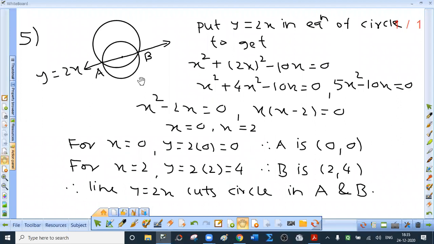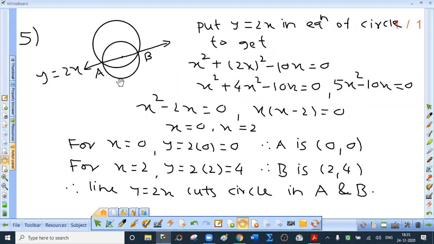Now how do we get the coordinates of the points of intersection? By solving the two equations. So put y equal to 2x in the equation of the circle and solve that. The topic is circle, but what is important is solving equations. So we get A(0, 0), B(2, 4). Many students say, sir, the point is (0, 0), so why not take it as O(0, 0)? You may take O(0, 0).